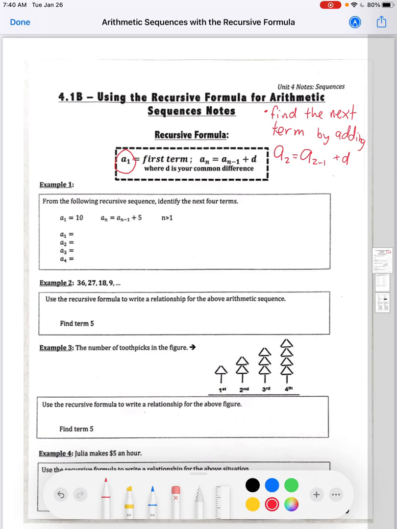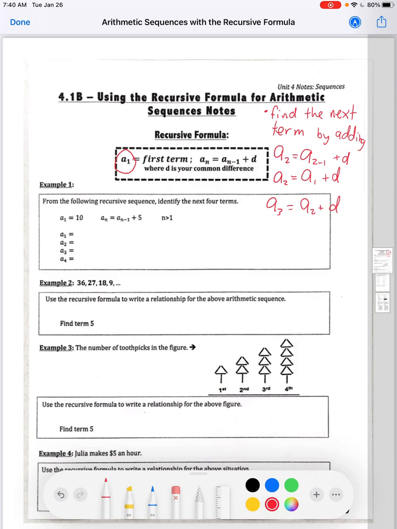Now we should be able to do the math 2 minus 1 in our head, meaning this is the same thing as a sub 2 is equal to a of 1 plus d. Now we should know what a1 is, because we're already told our first term. We could do the same thing for a of 3. And a4 works the same way, and so on and so forth.